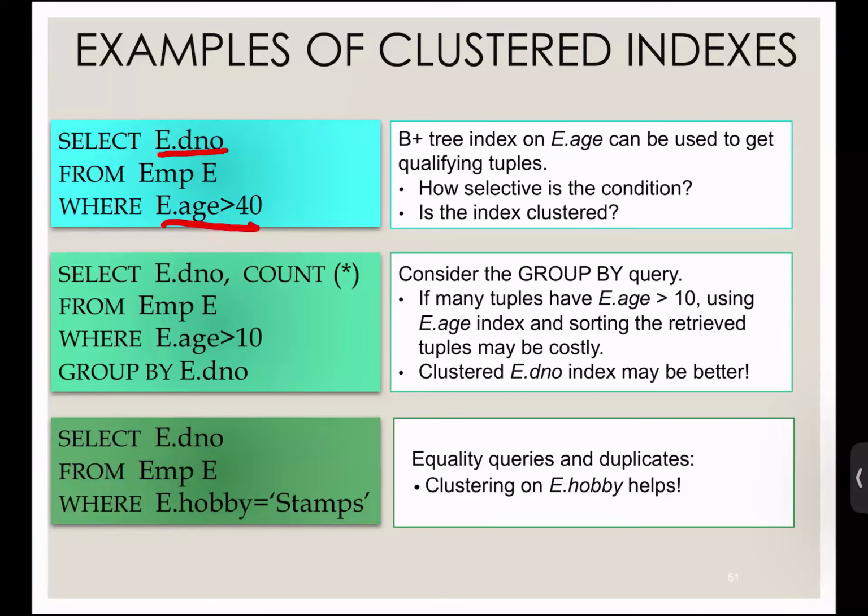So let's say I have an employees table, and I want to list only people whose age is more than 40, but not list the name, but list the department number that they're in. Okay. So should I create an index for this or not?